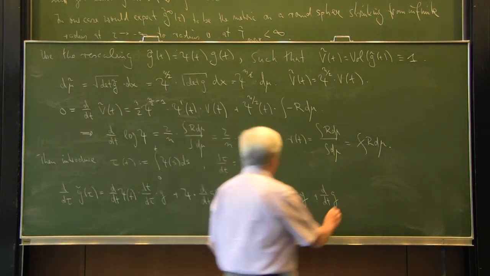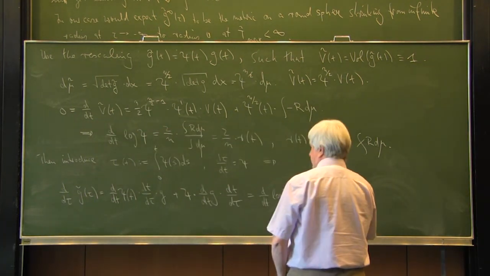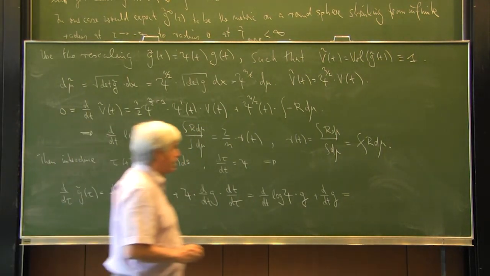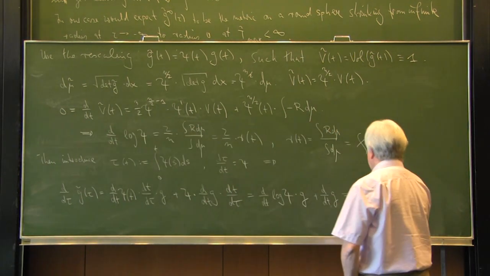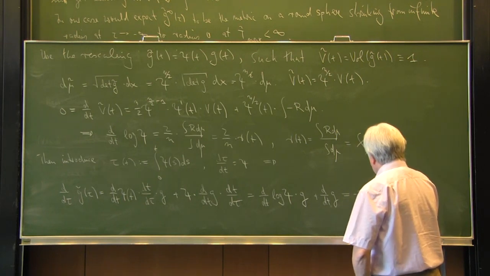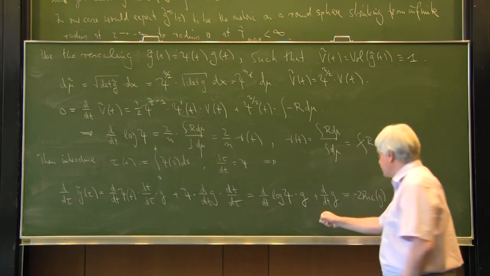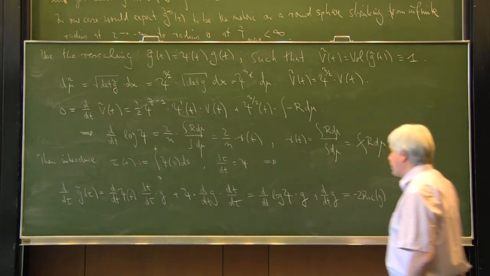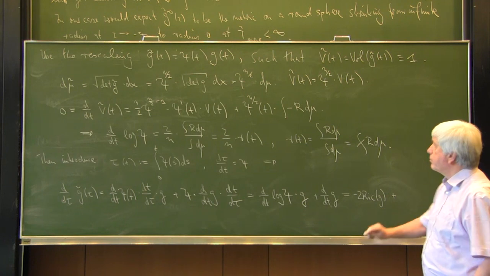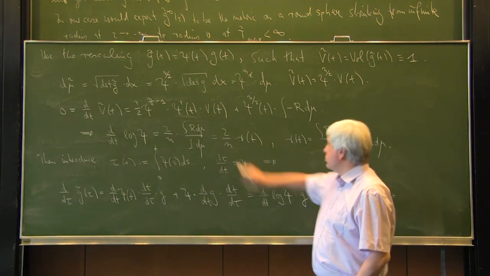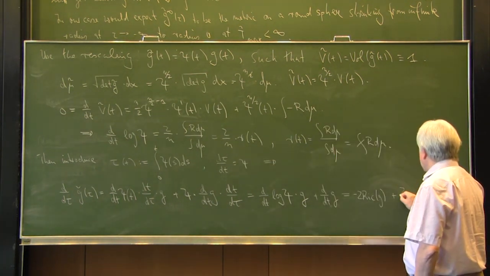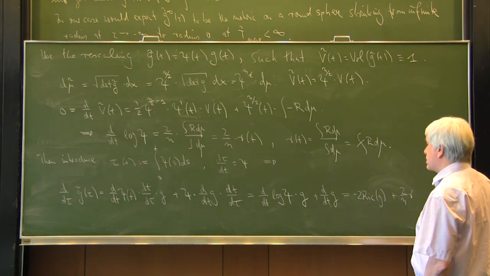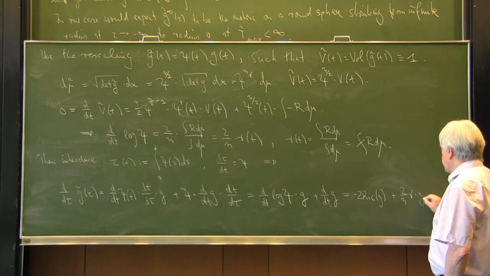So we get from here a minus, from d/dt g, we get minus 2 times the Ricci curvature of g from this term here, and from here we get plus what I had computed here, 2 over n r times g.